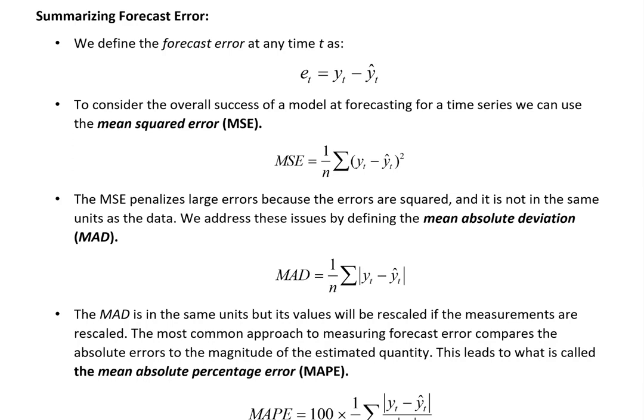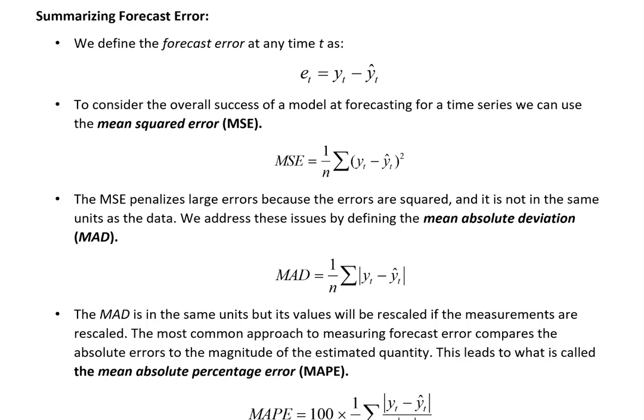Alright, so last video we talked about the smoothing methods, including the simple moving average and also the exponential smoothing method. And for these methods, we need a standard to compare which smoothing method is better for this time series, right?